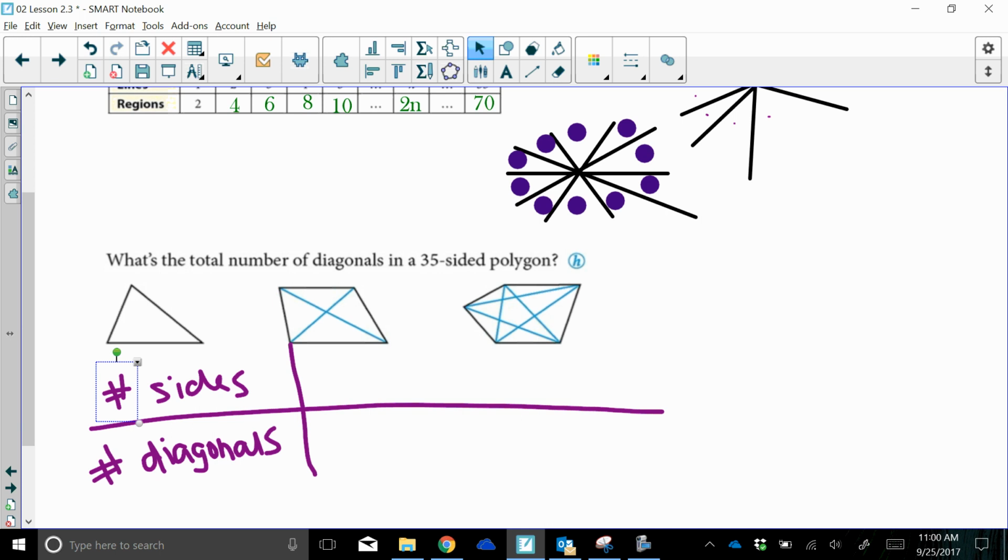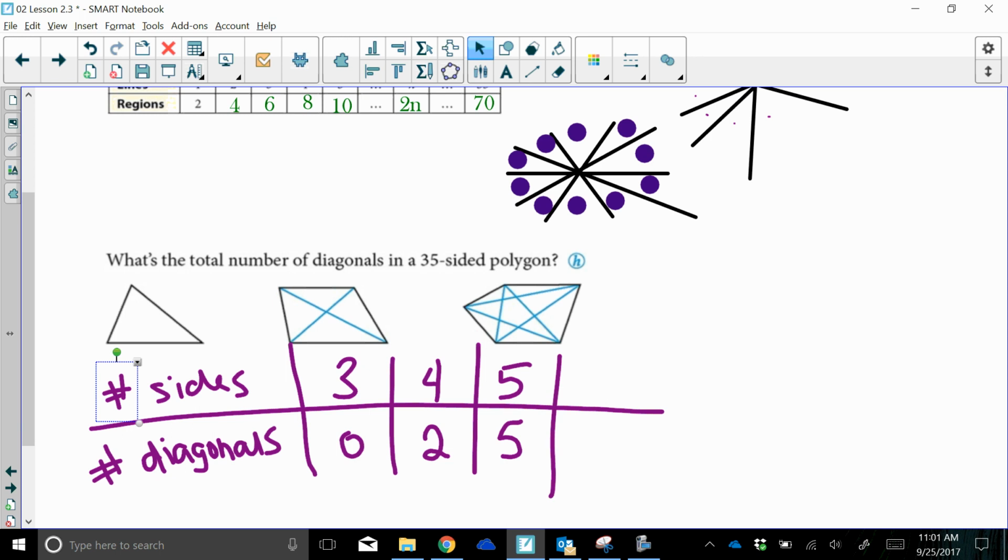If it has 3 sides, it has 0 diagonals. If it has 4 sides, it has 2 diagonals. If it has 5 sides, it has 5 diagonals.